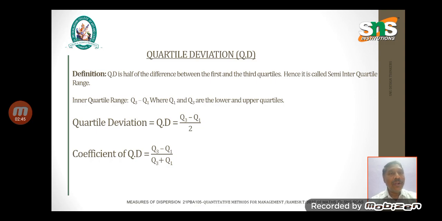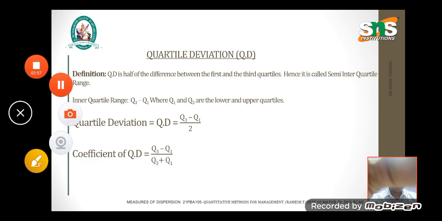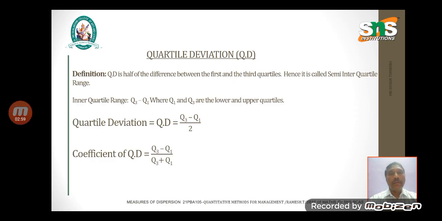Now we calculate what is quartile deviation. The quartile deviation is half of the difference between the first and third quartiles. Hence it is called the semi-interquartile range. So what is the quartile part?